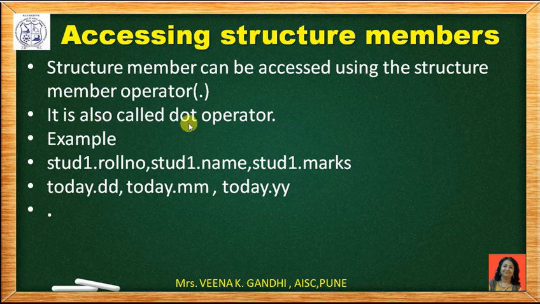So we can access roll number as the variable name of the structure, dot, member. So stud1.roll number, stud1.name, stud1.marks. Second example, today.dd, today.mm, today.yy. So the dot operator, or structure member operator, is used to access the members of a structure.